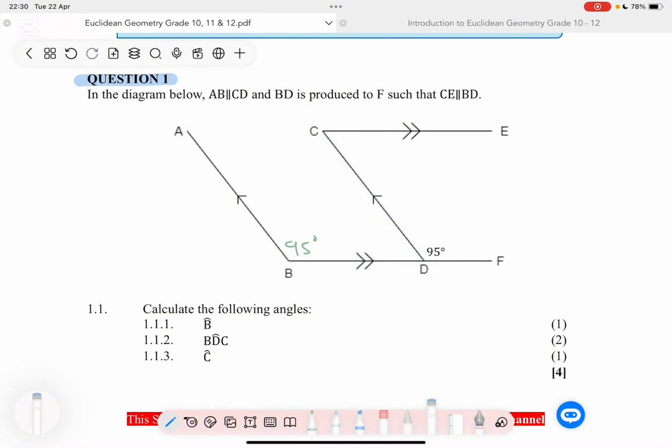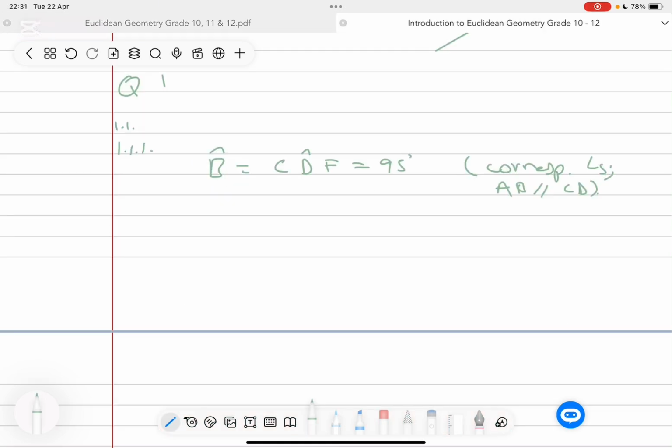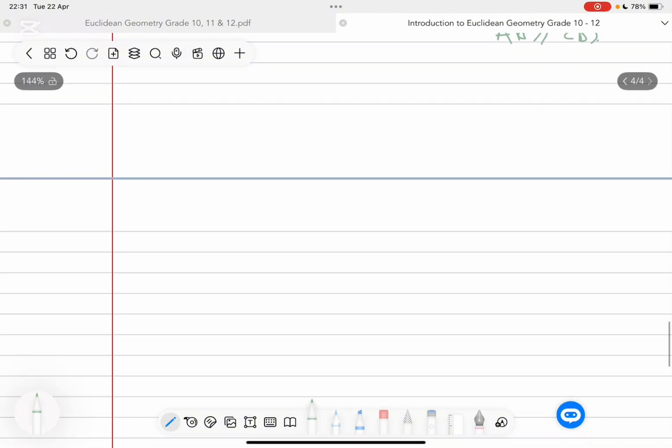Again, when I look at this, I see a U shape here. With a U shape, we know that we are going to have angles that are on the inside of the U, and we call those co-interior angles. These angles must be supplementary because these two lines are parallel. They must add up to 180 degrees. And that's exactly what I'm going to do here.